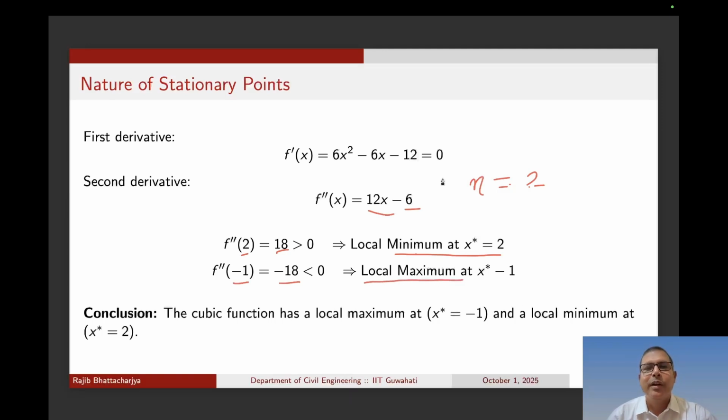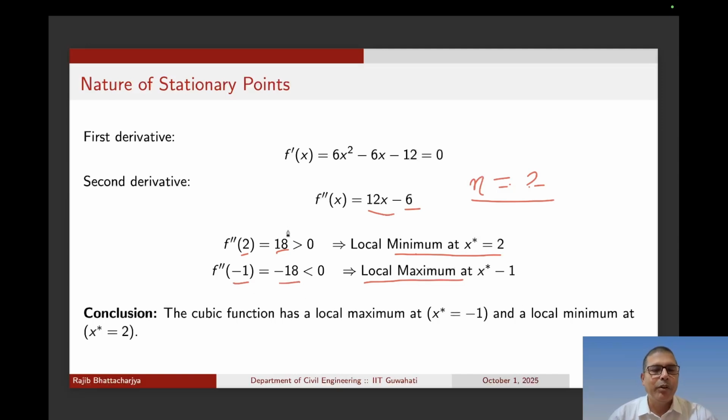As you know, if n is odd, then the stationary point will be an inflection point. But here n is equal to 2 and it is an even number, and therefore the stationary points will be either a minimum or a maximum. At x equal to 2, the value is positive, so this is a minimum point, and at x equal to minus 1, it is negative, so that is a maximum point.